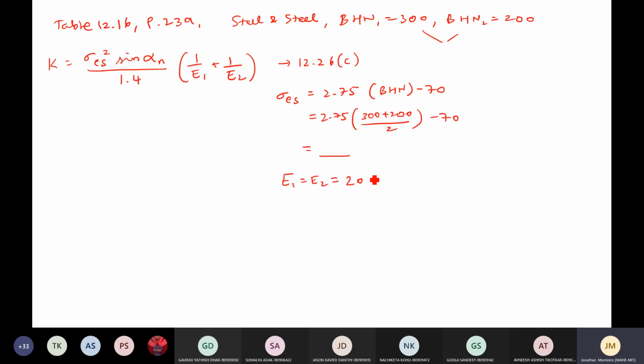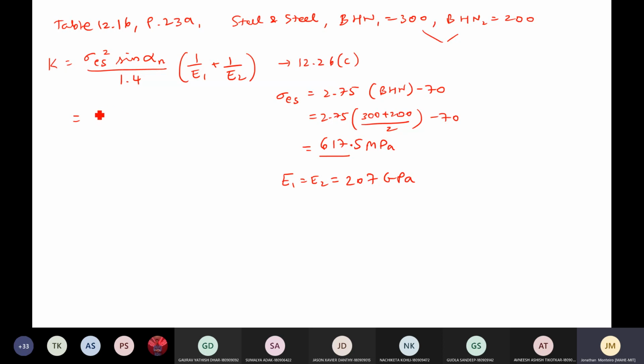So you are going to get some value for sigma ES, and E1 and E2 you can take as 207 gigapascals. Both are steels, so 207 gigapascals we will take. Sigma ES should be around 617.5. Good. So these values should come here.